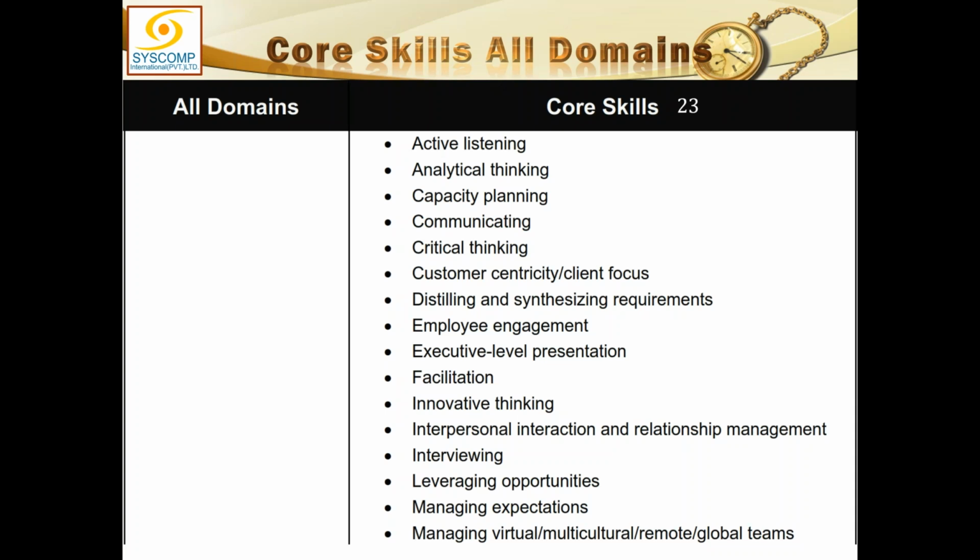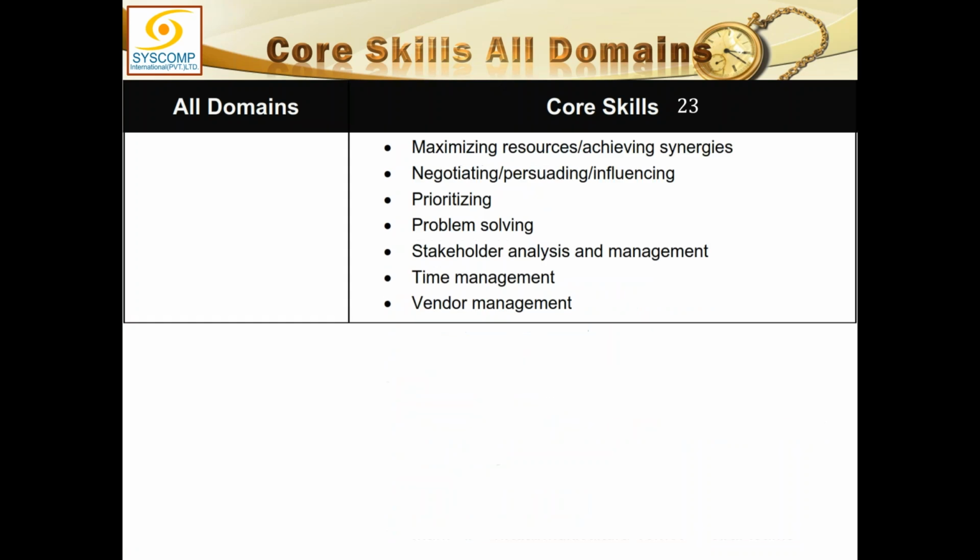Active listening, analytical thinking, capacity planning, communicating, critical thinking, customer centricity and customer client focus, distilling and synthesizing requirements, employee engagement, executive level presentations, facilitation, innovative thinking, interpersonal interaction and relationship management, interviewing, leveraging opportunities, managing expectations, managing virtual, multicultural, remote, and global teams, maximizing resources, achieving synergies, negotiating, persuading, and influencing, prioritizing, problem solving, stakeholder analysis and management, time management, and vendor management.